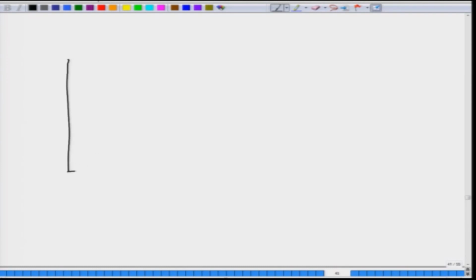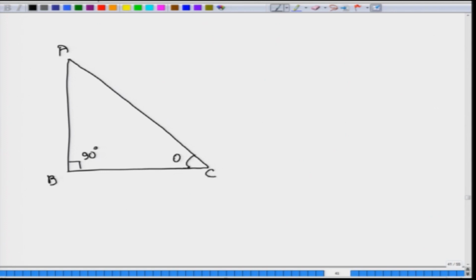In the case of a right angle triangle, so this is 90 degrees, let us call it triangle ABC. If we know the value of this theta, then the corresponding sides are represented as small letter variants of the angles. So, BC can be written as small a, AC can be written as small b, and AB can be written as small c.